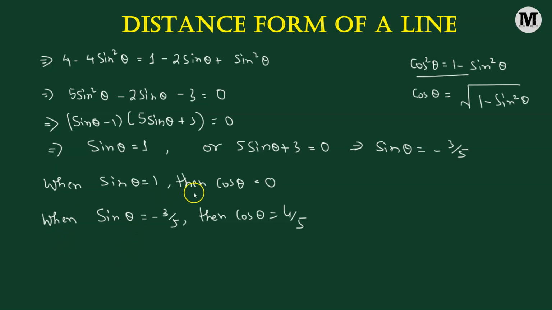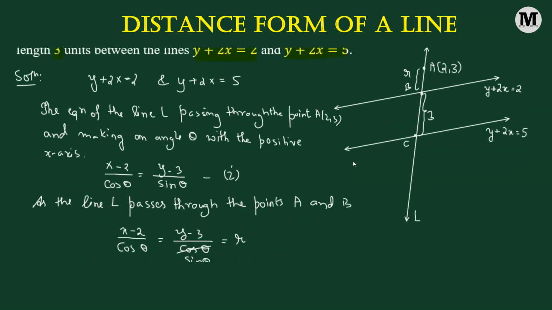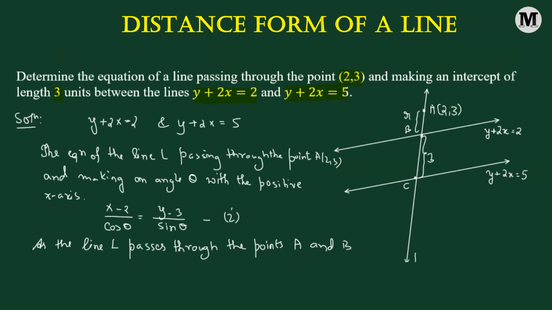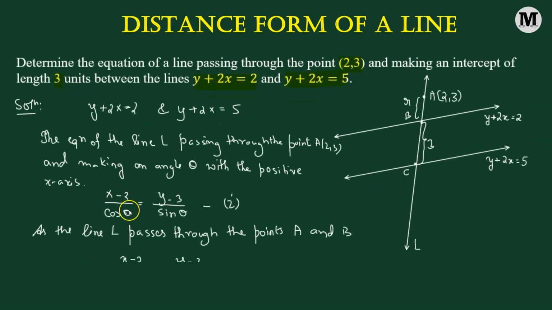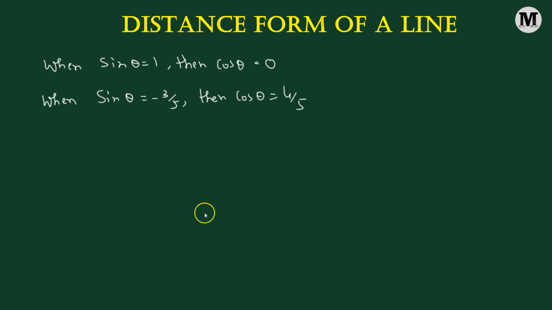So now that we have the sine and the cosine values, let's go back to our original equation. We considered initially the equation to be given by x minus 2 over cosine theta equals y minus 3 over sine theta. We're going to use this equation. So we have x minus 2 divided by cosine of the angle theta equals y minus 3 divided by sine of the angle theta.